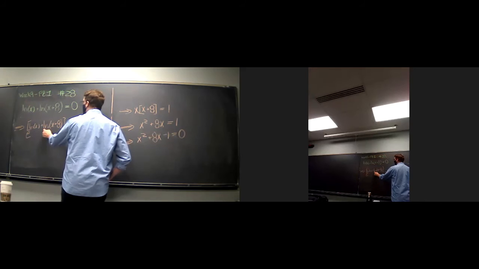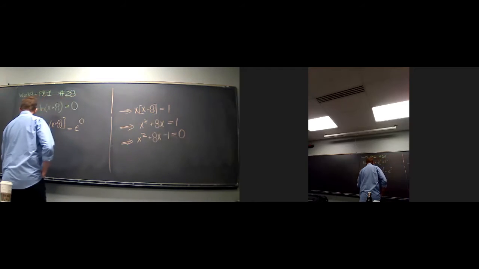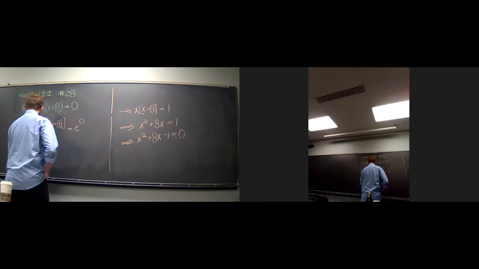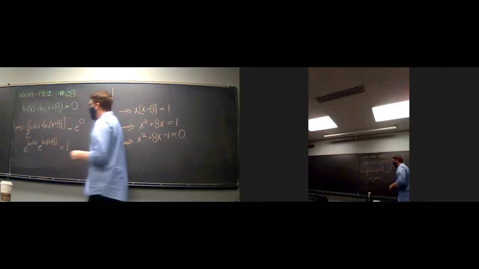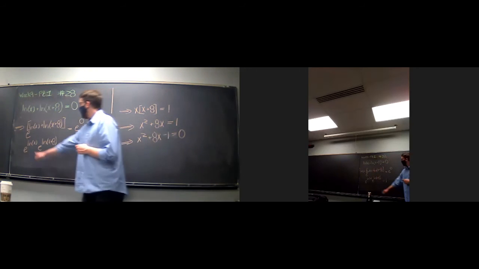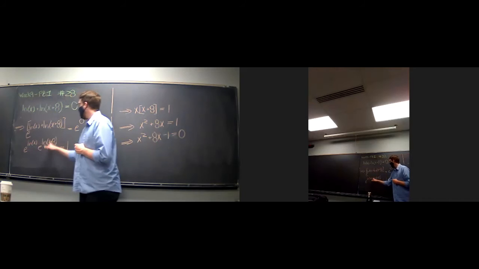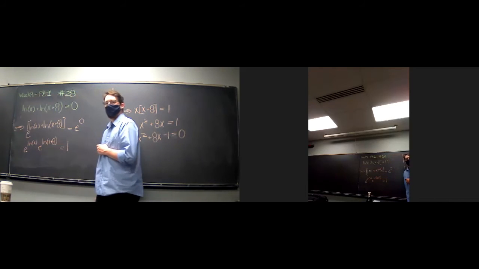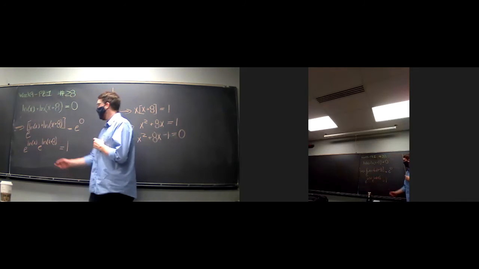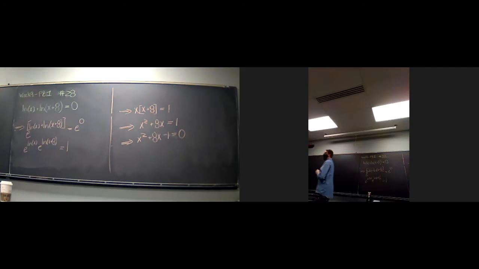Well, this we can break up into 2 parts, and this, it's just going to stay 1. So we're going to get e to the ln of x times e to the ln of x plus 8 equal to 1. This is going to come out to be x, and this is going to come out to be x plus 8. Same thing. So there's 2 different ways of approaching that problem.